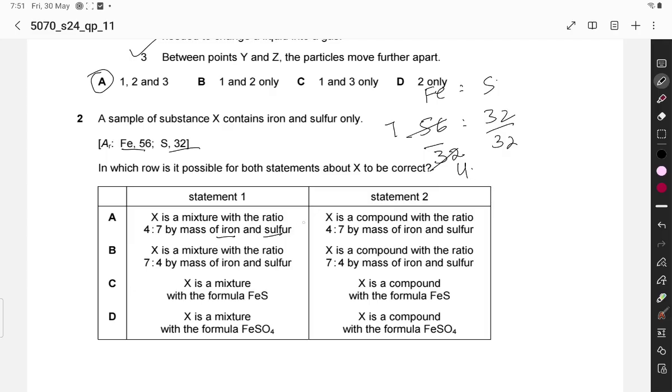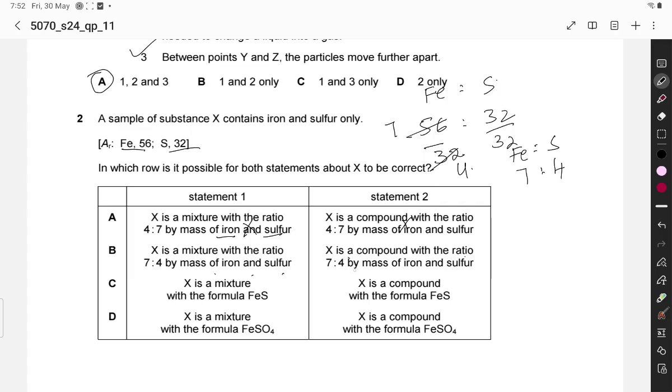So X is a mixture with the ratio 4 to 7 by mass of iron and sulfur. This is incorrect. X is a compound with the ratio 4 to 7 by mass of iron and sulfur. This is also incorrect. So the B option is X is a mixture with the ratio of 7:4. So the ratio between iron and sulfur is 7:4, whether it is a mixture or a compound.